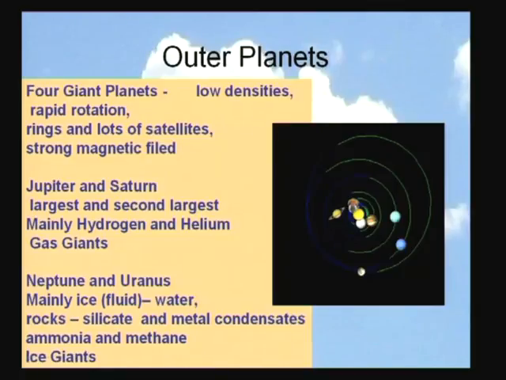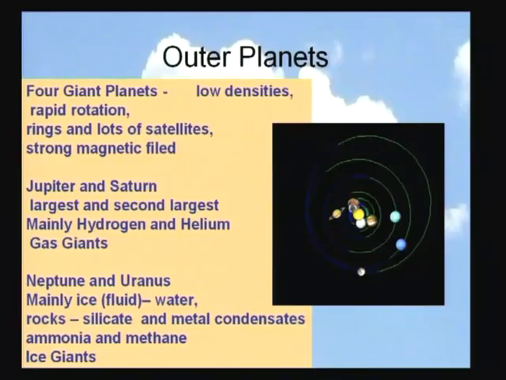Neptune and Uranus are the third and fourth largest planets. They are mainly made up of ice. This is frozen water, and in addition to water, you also have ammonia and methane. So, these are mainly made up of frozen water, ammonia and methane. These are astrophysical ices, and it is not solid, it is a fluid.